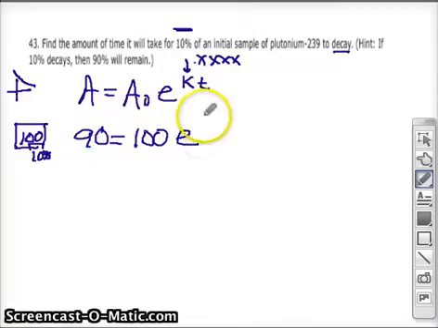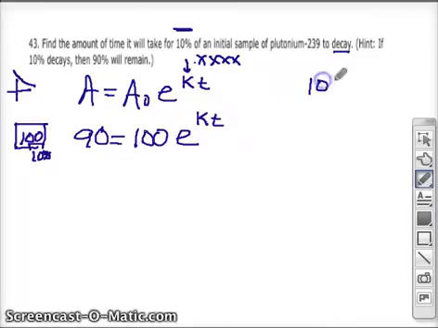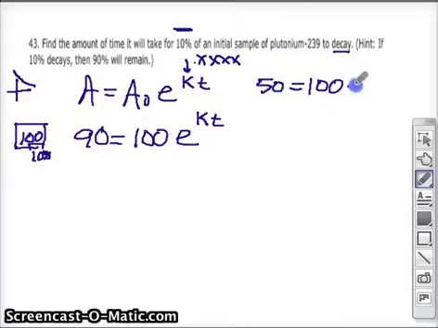Now, the thing is, I don't know what k is. But one thing I do know, if I started with 100, I would have half of it in 24,000 years.